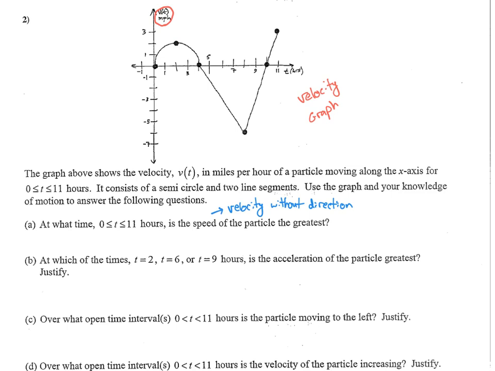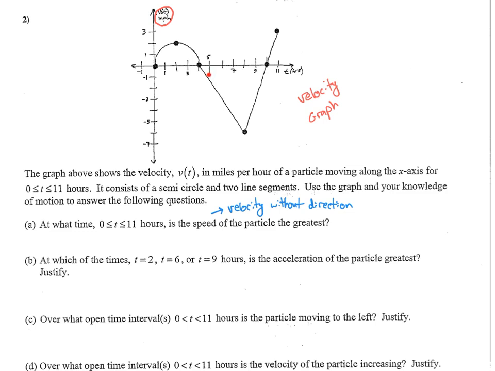So at t equals 2, it looks like my speed would be 2 miles per hour because the velocity at that point in time is positive 2. And because speed doesn't care about the sign, we say just 2 miles per hour. Similarly, at time 5, it looks like my speed would be about 1 mile per hour.